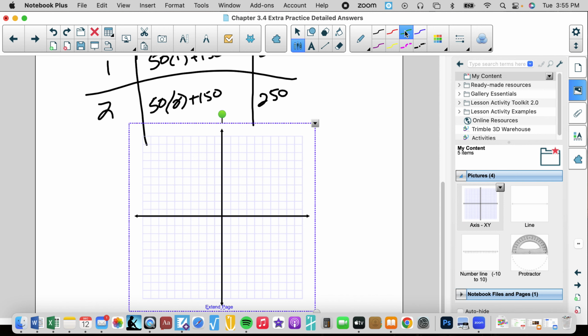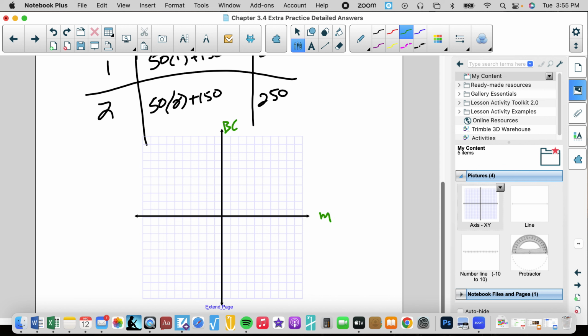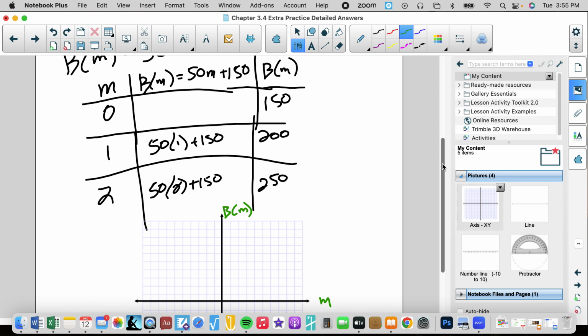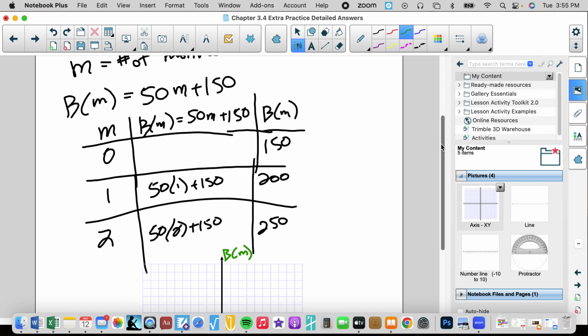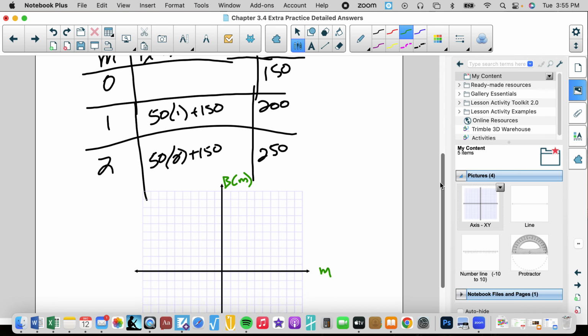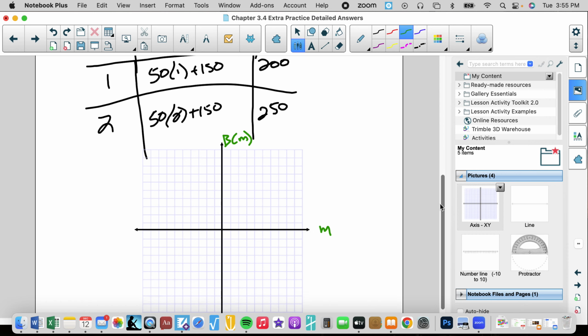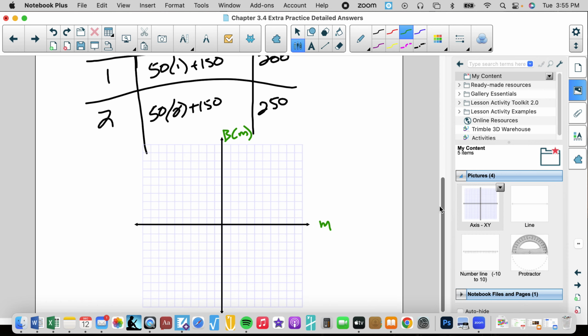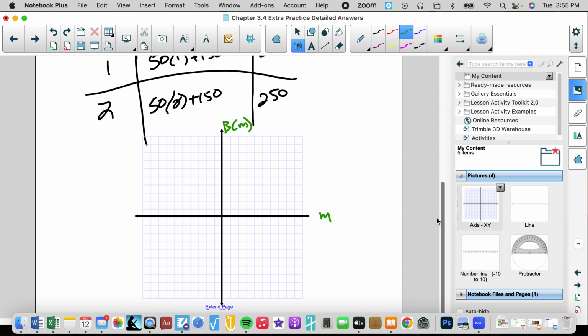My increments on my m, and this is b of m, which is my balance. We're getting up to 490, so that's pretty big. So let's go by 50s. So 0, 150. So 0 is 50, 100, 150. And then 1 is 200.